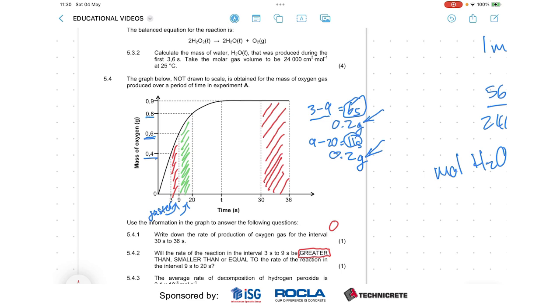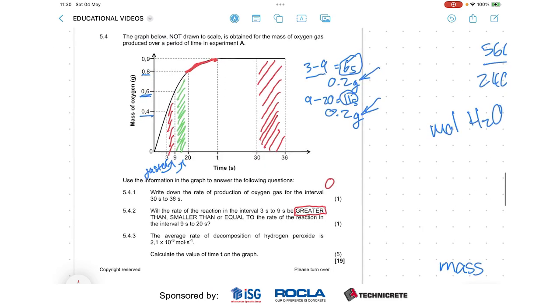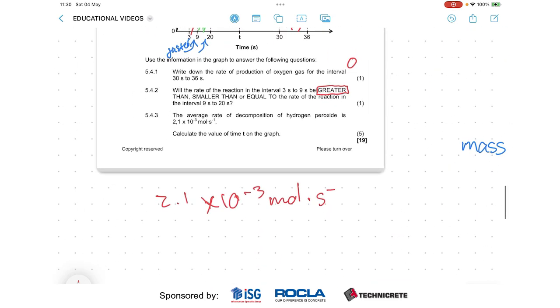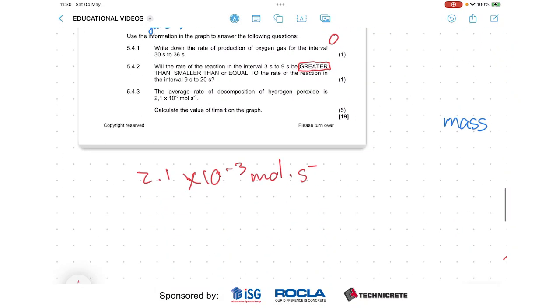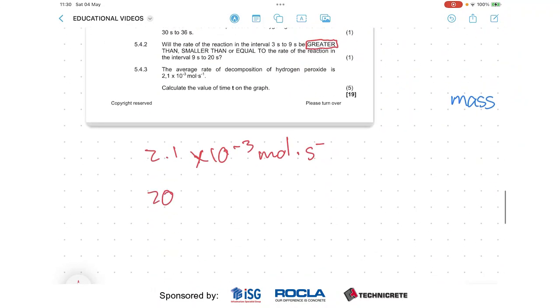So what we have here is that for this time, we have a mass of 0.1 grams. So, okay, 0.1 grams. So from 20 to t, we have 0.1 grams. Okay.